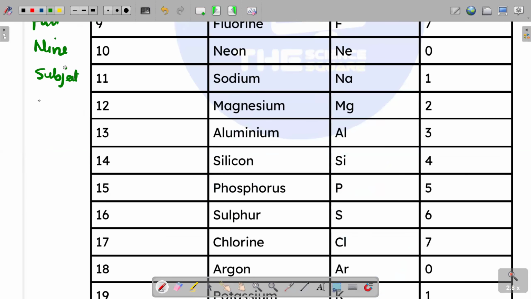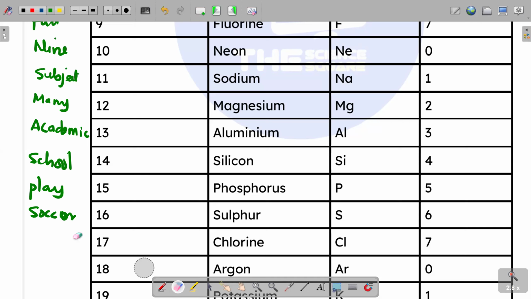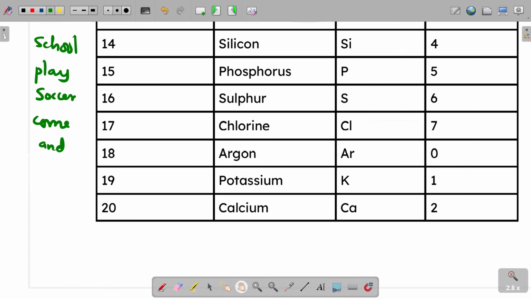Many academic school play soccer. Soccer is not well spelled here. Soccer. Come and play card. Come and play card.